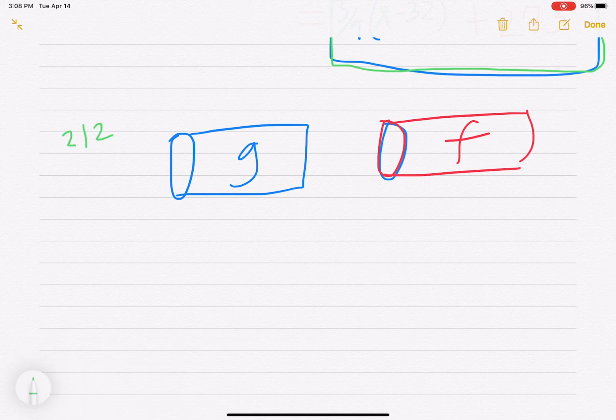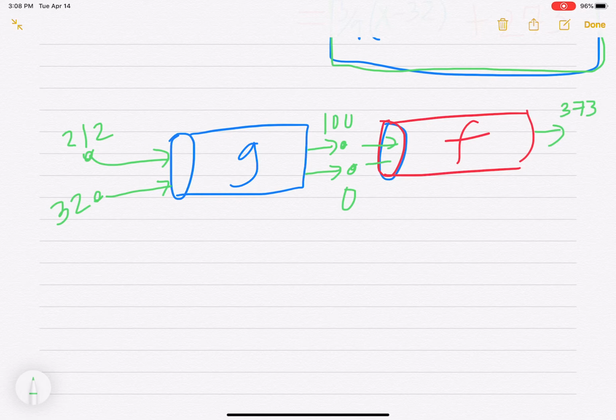It's getting converted to, for example, what was it converted to? 100. And then that got converted to 373. We had a number 32, right? That got converted to what? A 0. And that got converted to what? 273.